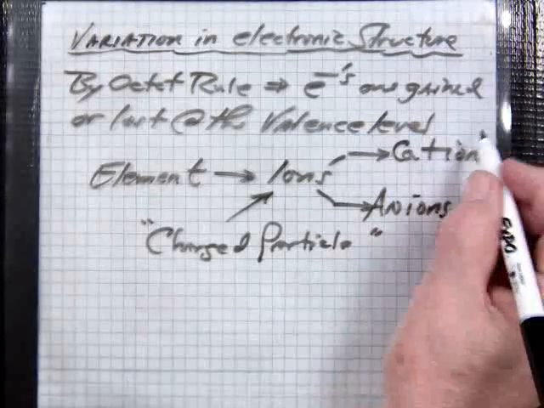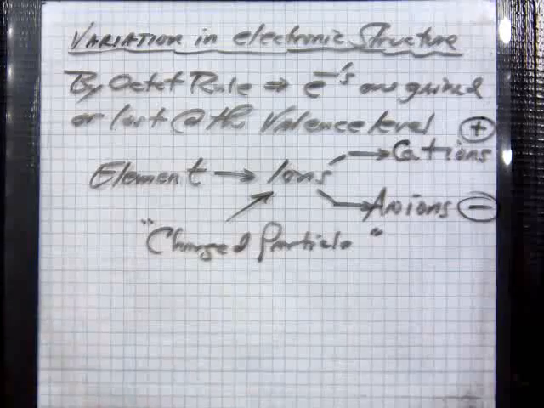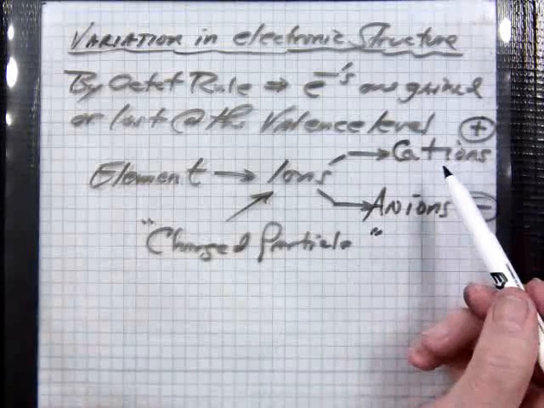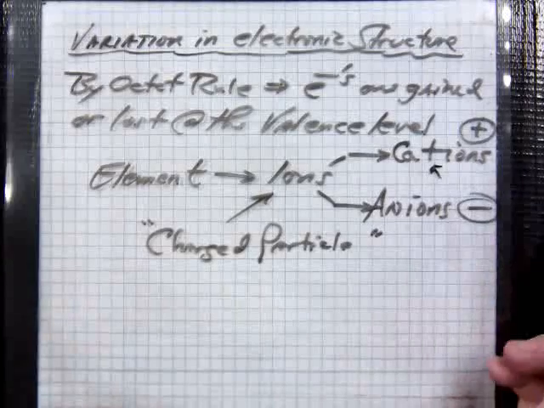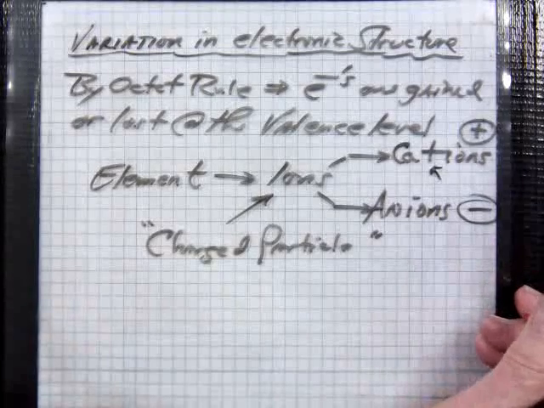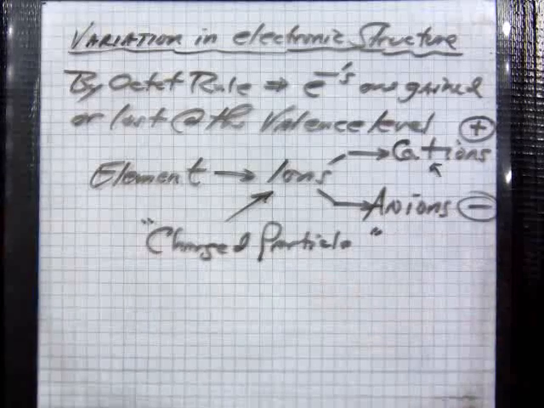So cations have a positive charge and anions have a negative charge. Well, how do you tell the difference just from the terminology? Cation has a positive right in the middle of it. Okay, and the other one is a negative ion. It's just a memory thing.